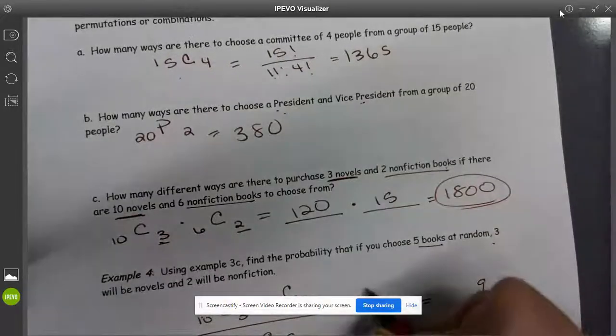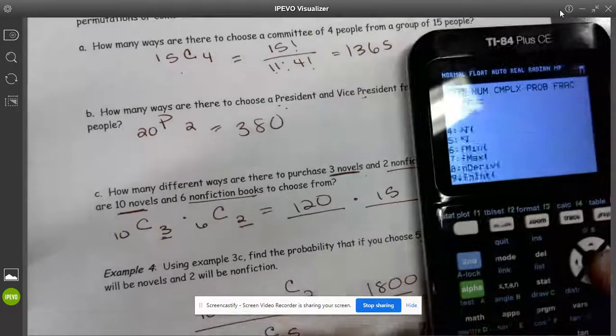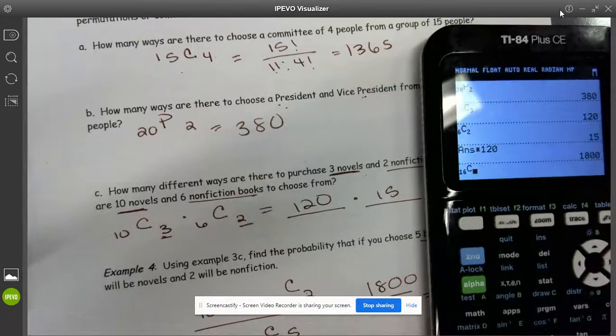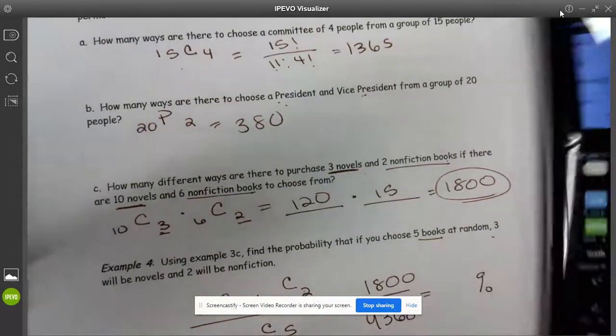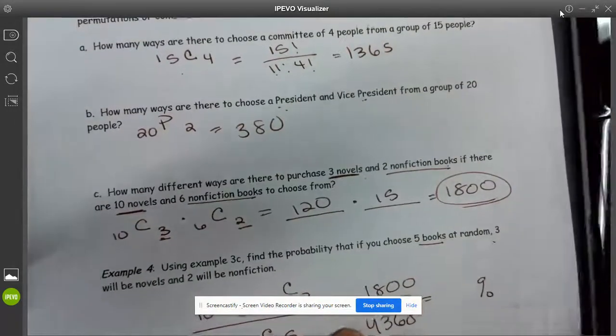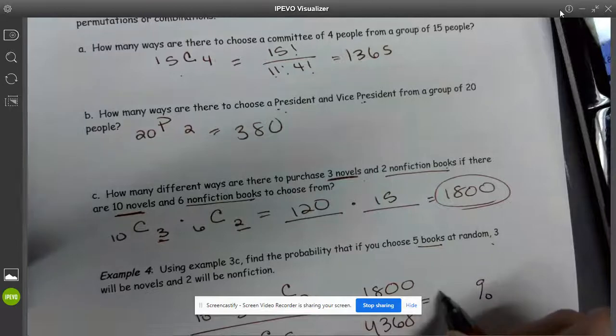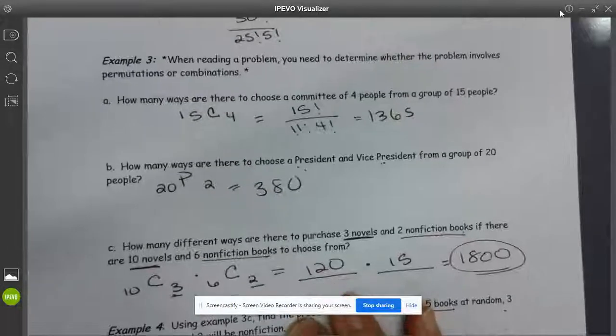So this is going to be 1,800 all over 4,368, which will give you a percentage of about 41.2. So combinations was a lot shorter than permutations because you kind of know what permutations is already.